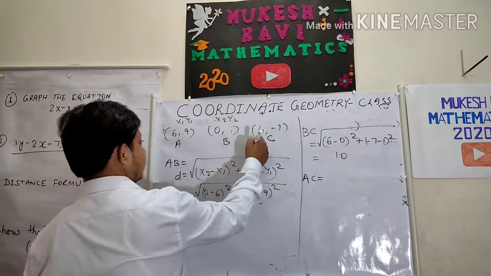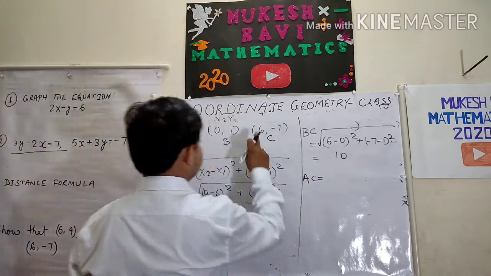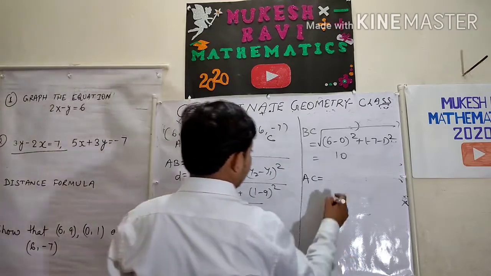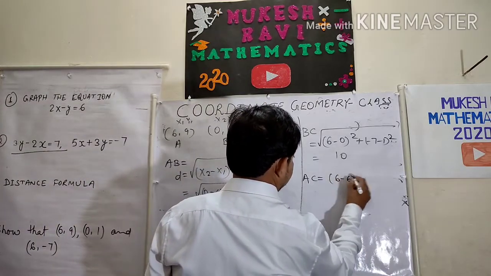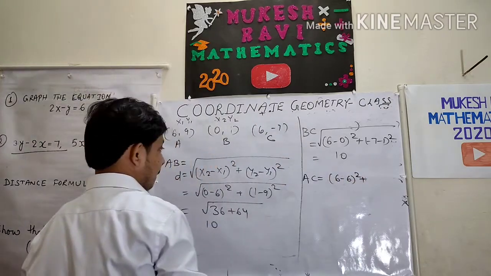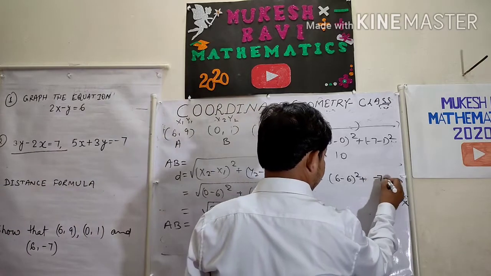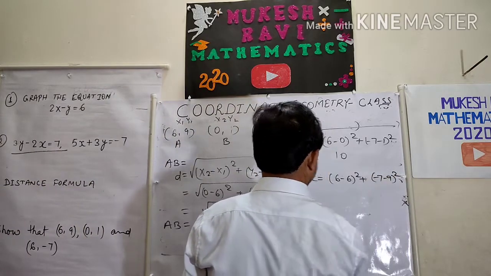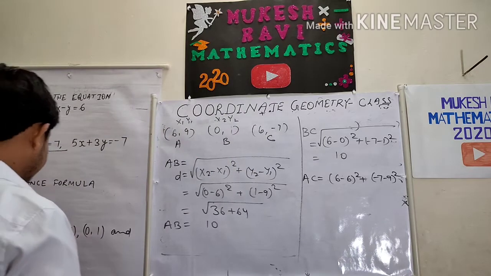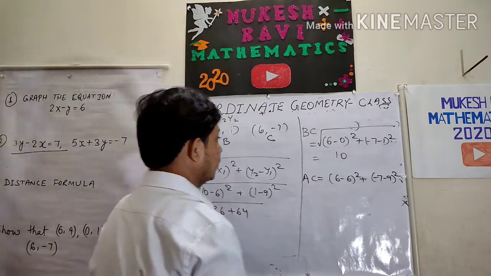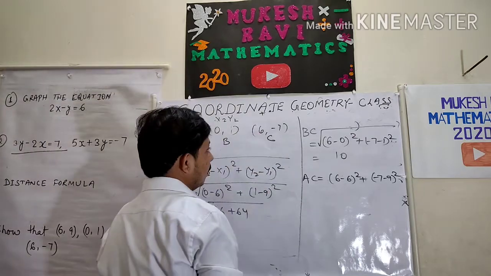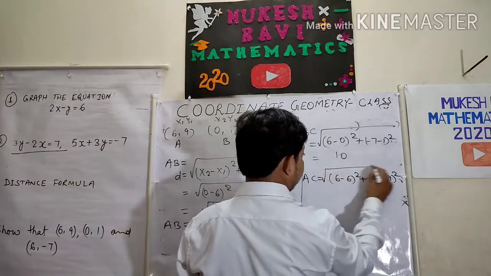AC: 6 minus 6, 0 whole square. Then minus 7 minus 9, that is minus 16 whole square.